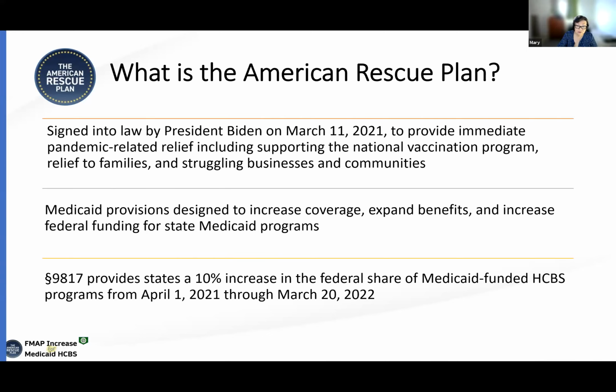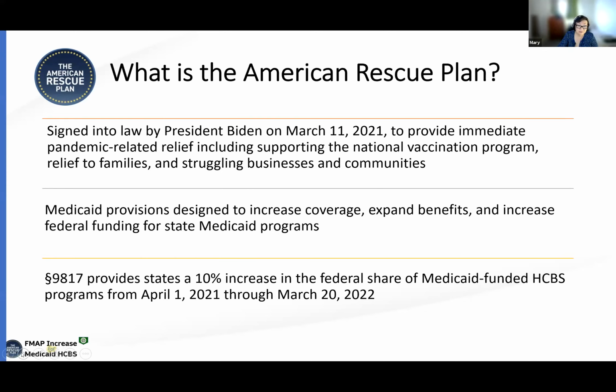And these enhancements will be based on the needs and priorities of the people that are served, while protecting and strengthening the HCBS workforce, safeguarding financial stability for HCBS providers, and accelerating reform and innovation. So those are the core purposes of Section 9817.